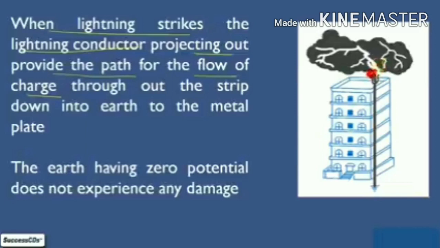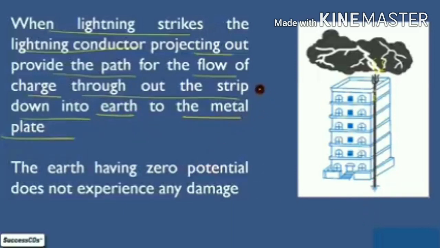As soon as lightning is produced, the spikes receive the charges. They provide a path for the flow of charge throughout the strips down into the earth, through the metal strip to the metal plate.